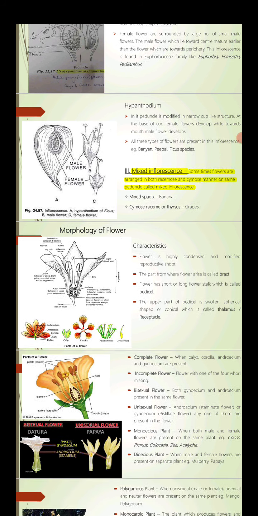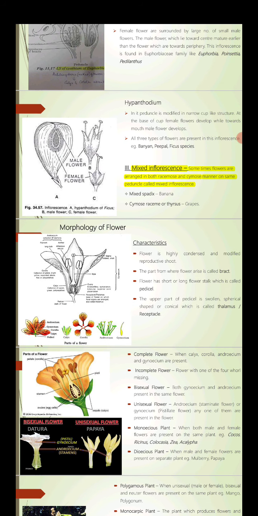Next thing is the morphology of flower. In your syllabus, only two things are included from this chapter 5, the morphology of inflorescence and flower. So next thing is the flower. What's the basic definition of flower? Flower is a condensed specialized reproductive shoot found in angiosperms.